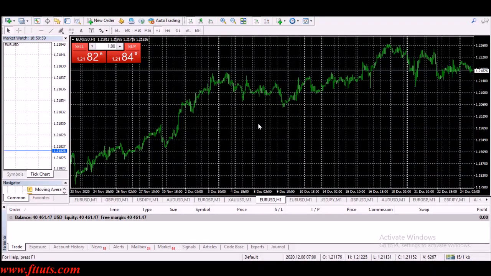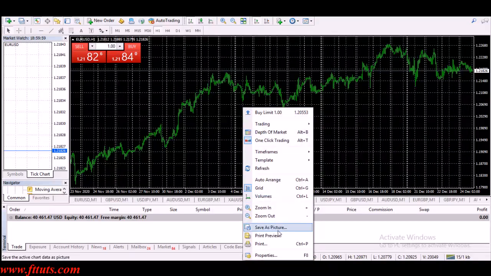But using it from your broker is also a good way. Obviously you will be opening an account with a broker if you want to trade, then you will receive your MT4 from this broker immediately. So no issues, this is your chart.